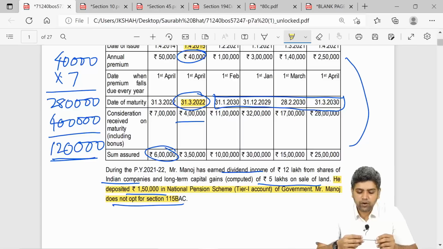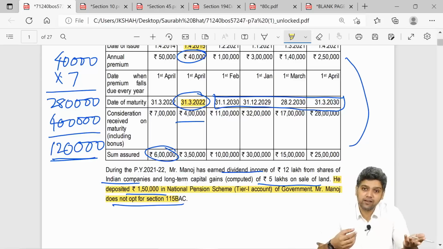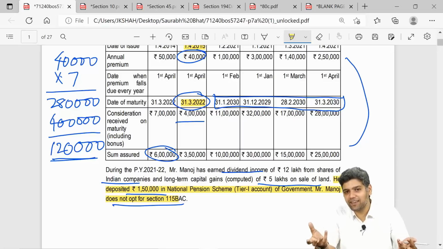In our country, because population is on the rise, government realized in 2004 that its pension outflow was far exceeding the salary and wages payable to the people who are currently in employment. So those government servants who are drawing pension, that cost was higher than the salary payable to those people who are currently in service with the government.